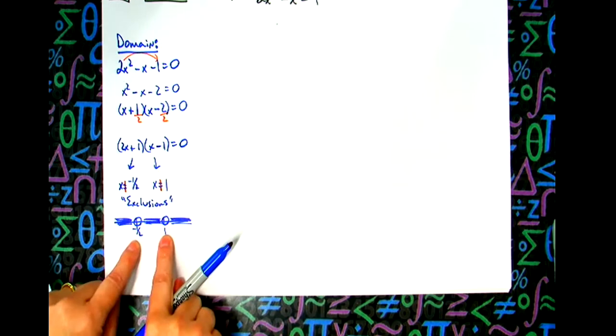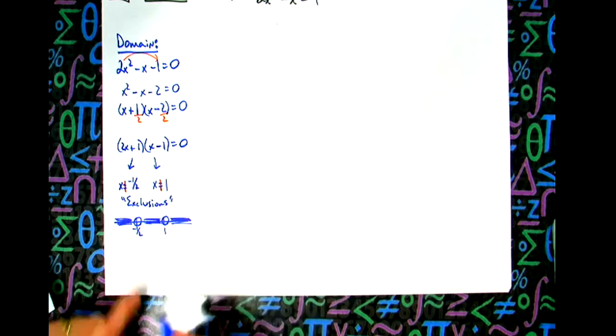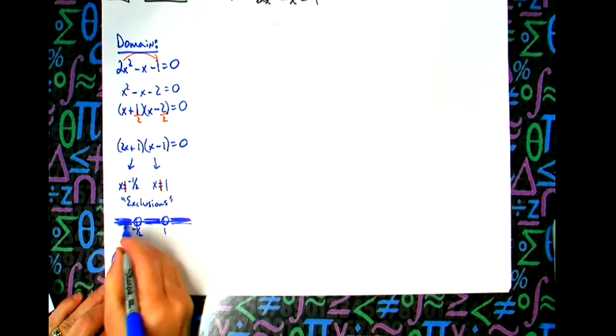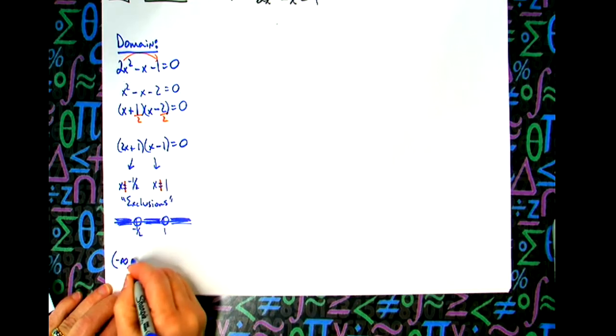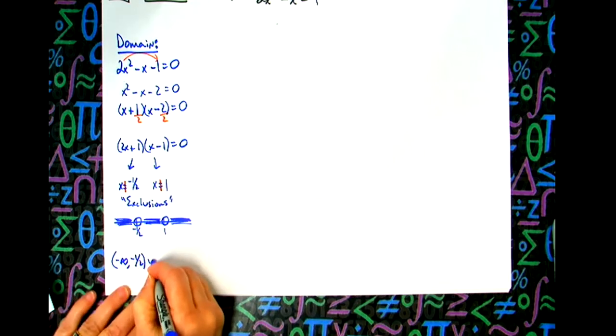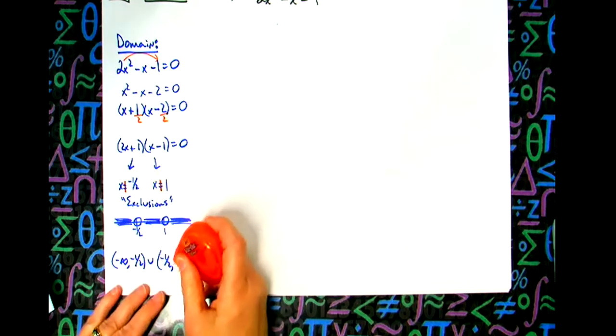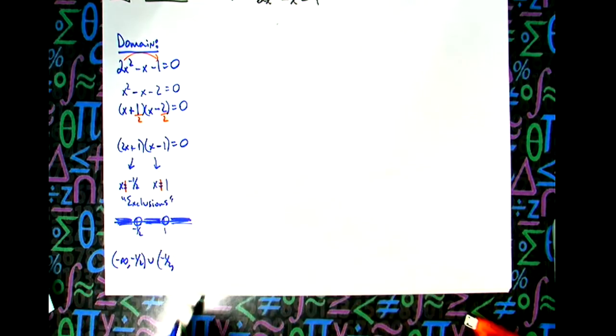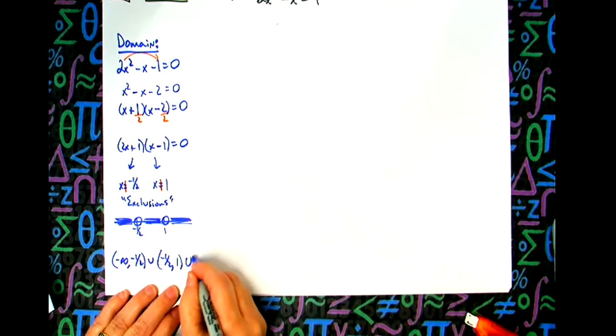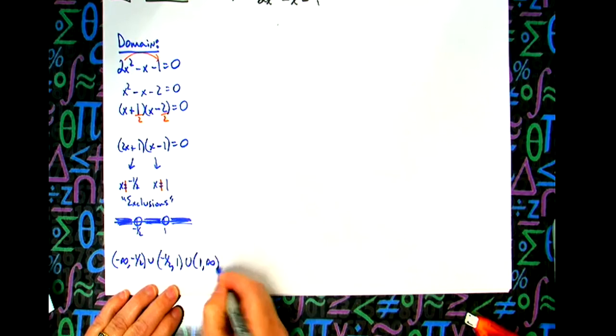These are the only 2 numbers that would make that bottom 0. So this section is negative infinity to negative 1/2, then negative 1/2 to 1, skip over the 1, then 1 to infinity.